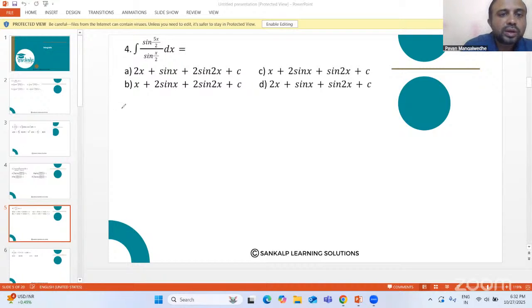Now try to express 5x by 2 as a sum of multiples of x by 2. Let me start the solution.